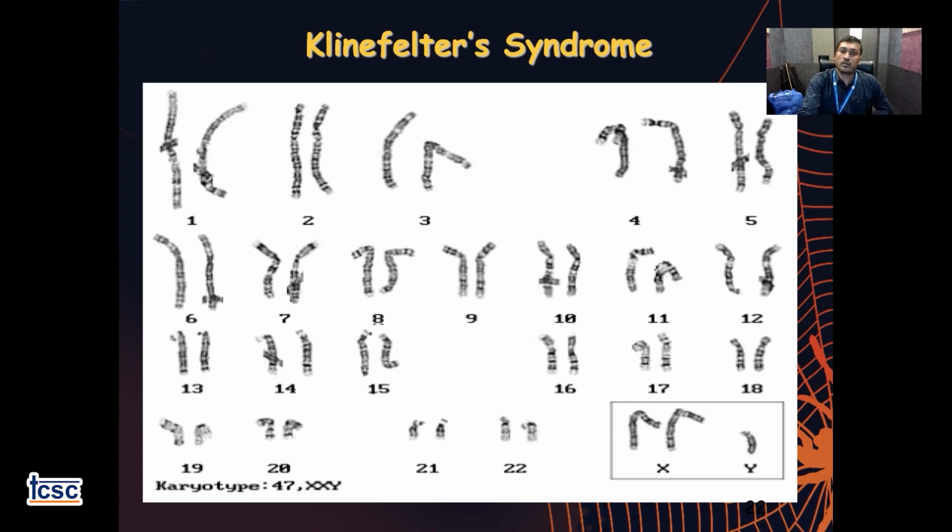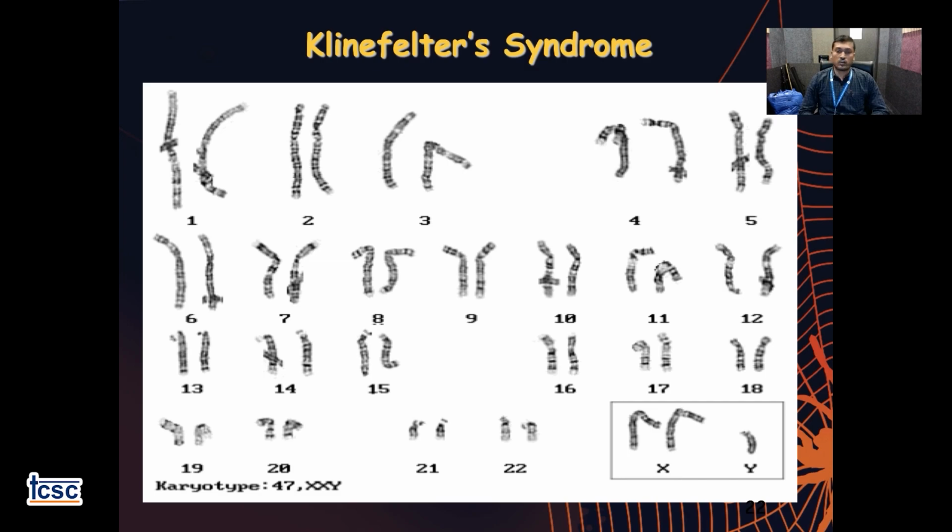So in Klinefelter syndrome, how many chromosomes are there? The total number of chromosomes in a normal male or normal female is 46, right? But when they are suffering from Turner syndrome, the number of chromosomes is 45.